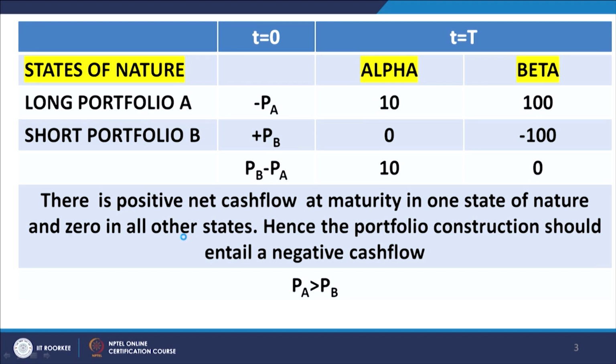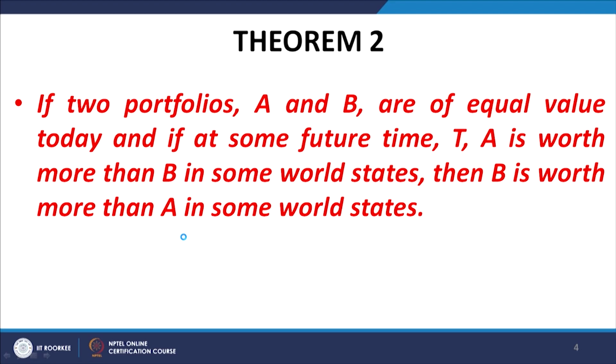Because there is a positive payoff in one of the states and a 0 payoff in the other state, this constitutes an arbitrage portfolio, and as a result the cost of establishing this portfolio must be positive, or there should be a cash outflow at t equal to 0 for establishing this portfolio. Therefore, PB minus PA should be less than 0, or PA would be greater than PB as required by the theorem.